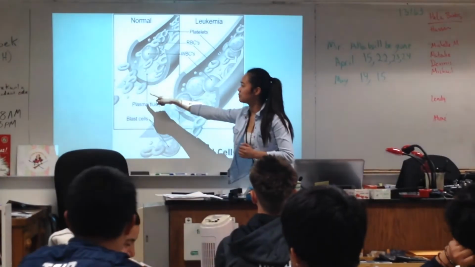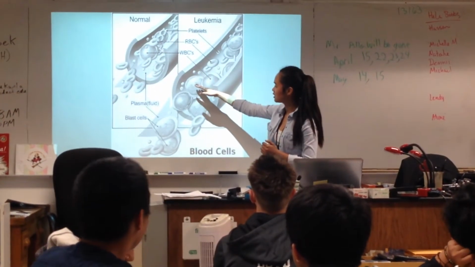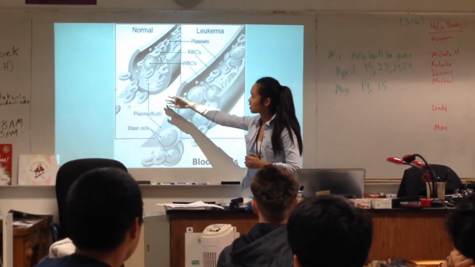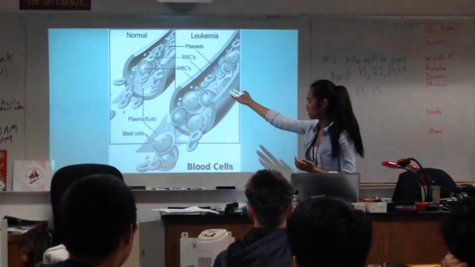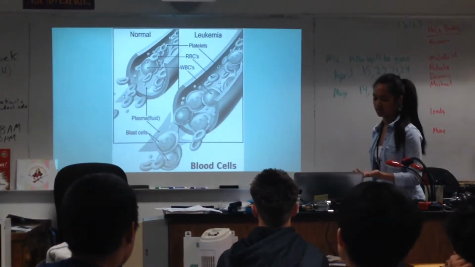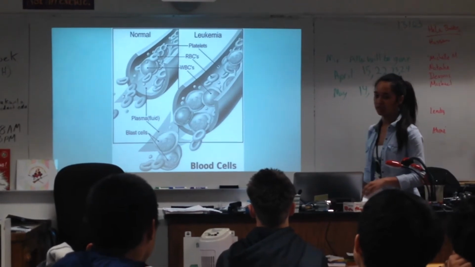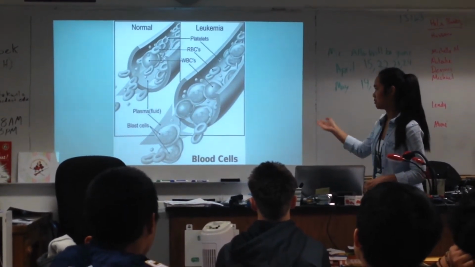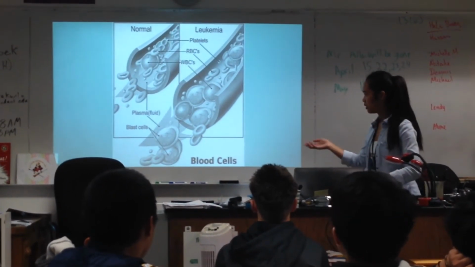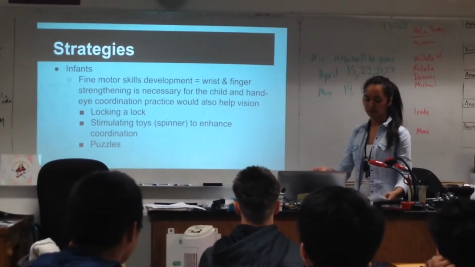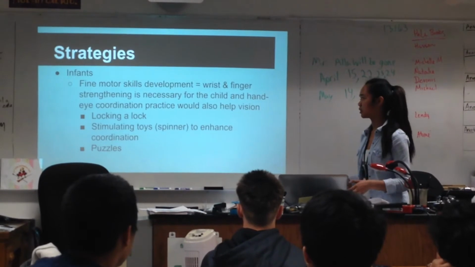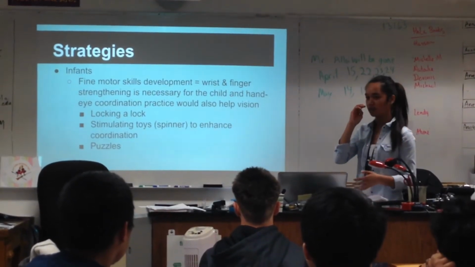These are the red blood cells, while these are the white blood cells. Someone who doesn't have leukemia doesn't have a lot of white blood cells, and white blood cells are there to fight off foreign materials, but if you have leukemia, you'll tend to have more white blood cells than red blood cells.